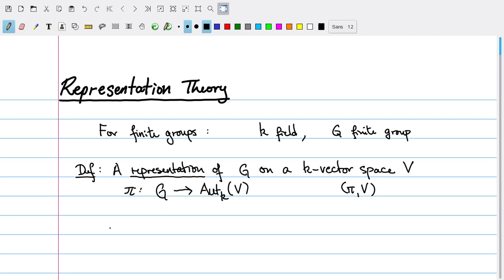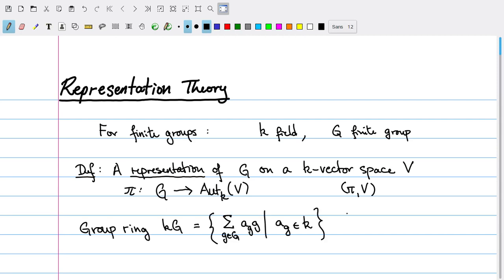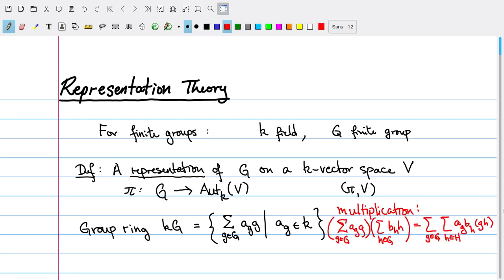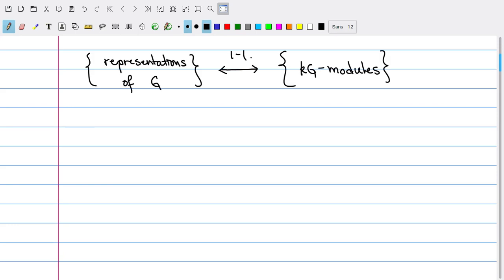Here KG is the group ring, which is the set of all formal linear combinations of elements of the group G with coefficients in K. The associated multiplication operation is done in the obvious way. With this in mind, there's a natural one-to-one correspondence between representations of G and KG modules.